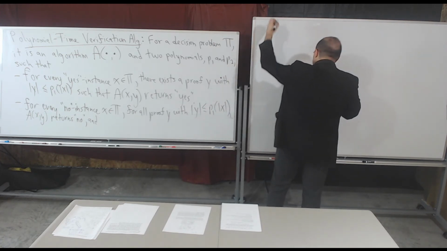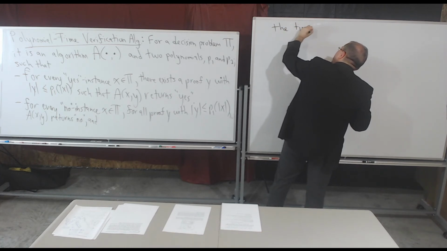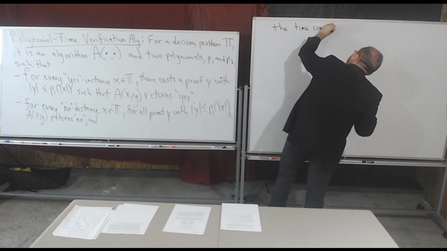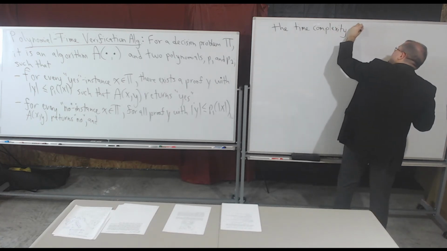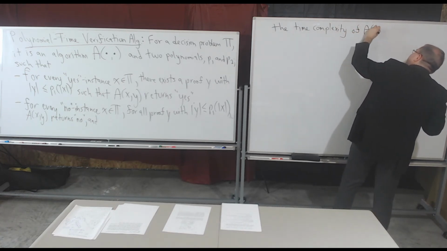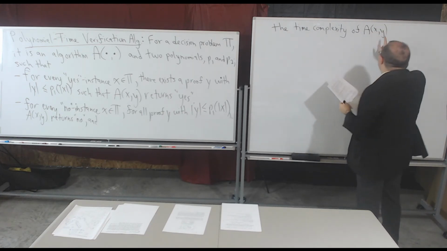And lastly, the time complexity of A(x, y). Now remember, x is our instance, y is the proof.